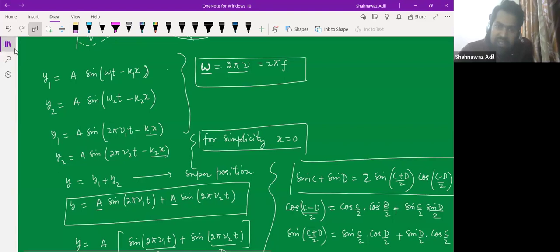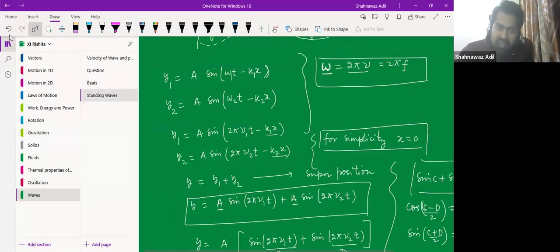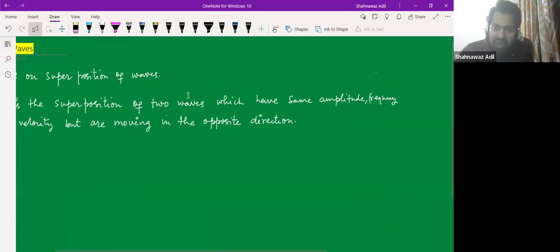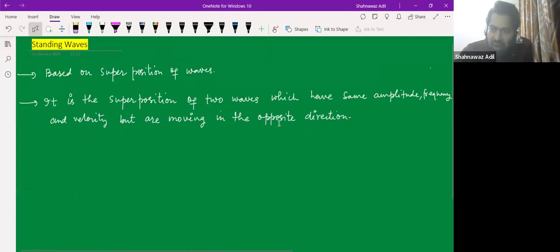But in the standing waves we will have opposite direction, but their frequency would be the same. In the beats, frequency was different. In the standing waves, frequency is similar, amplitude is the same, velocity is the same, but they are moving in opposite directions.